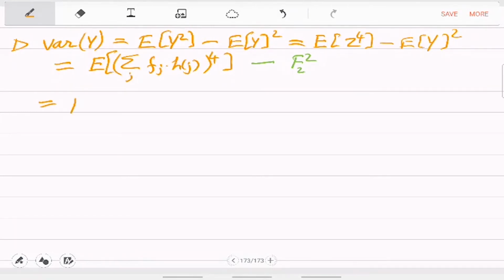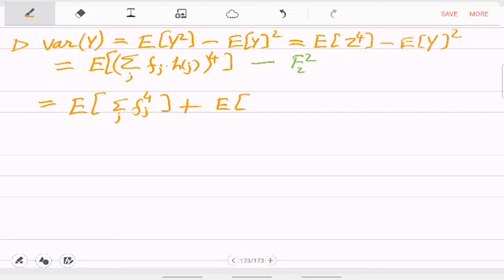So expectation of fj to the 4, right? Fj to the 4, you cannot do anything, it's non-zero. And second is when, out of 4 things, repetition is there.